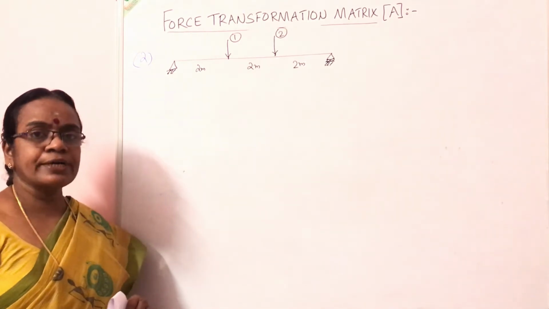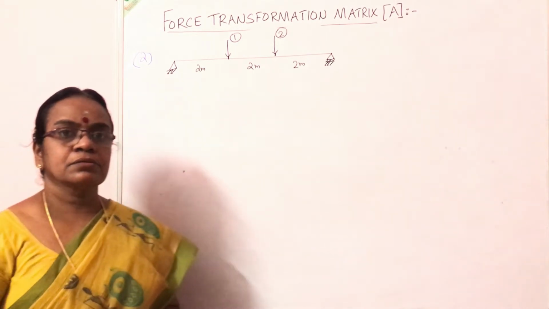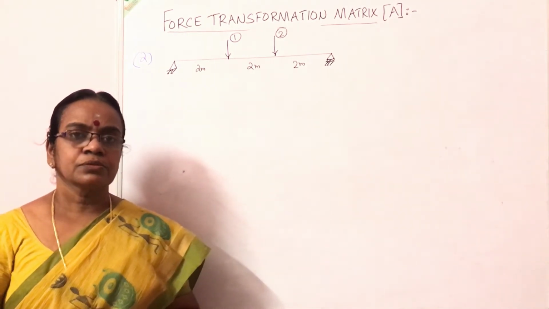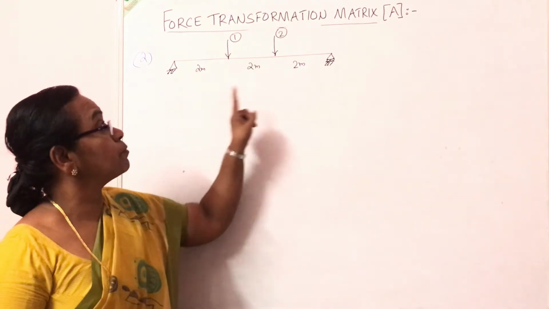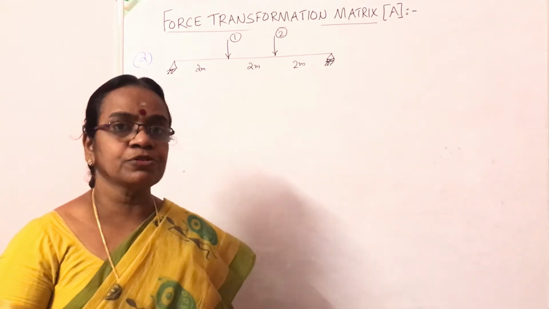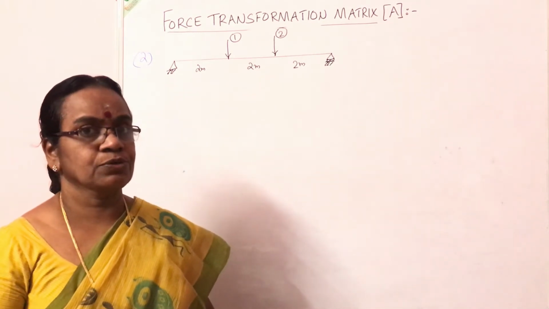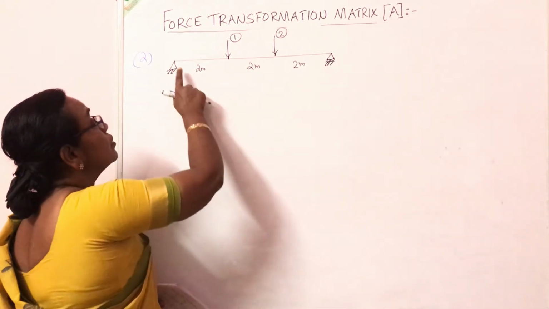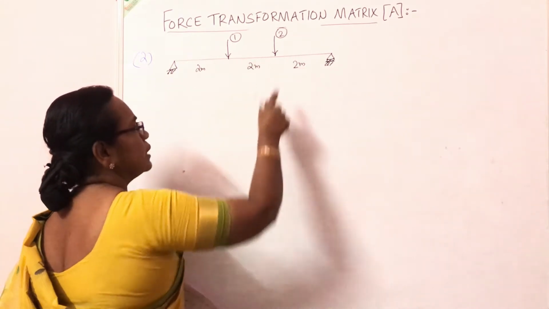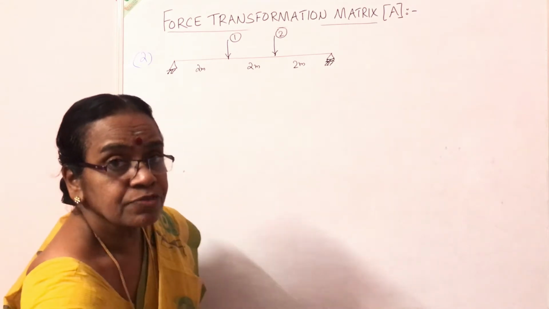The one which we have already discussed is a cantilever beam with coordinates 1 and 2. The second example is a simply supported beam. We are given coordinates 1 and 2 to develop the force transformation matrix for this particular case. Here you can take one node here, and another node here. So 1, 2, 3. It is a 3 element structure.